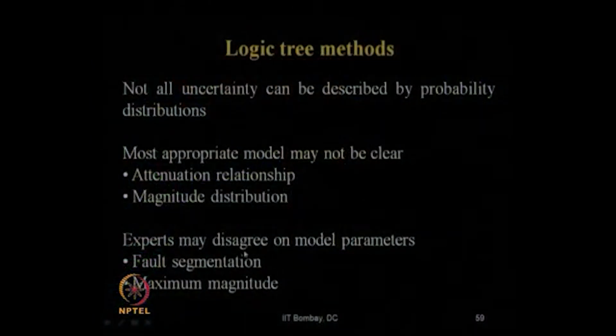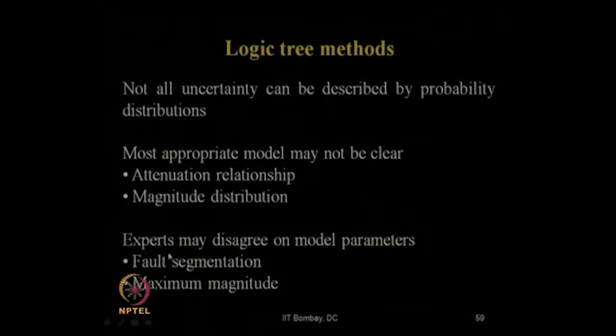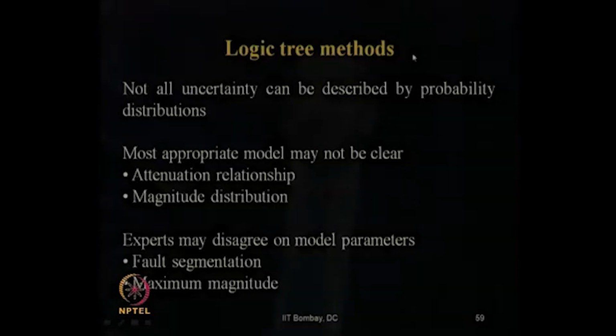Similarly, experts may disagree on the model parameters also, like fault segmentation and the maximum magnitude. There will always be different schools of opinion. One expert will say this attenuation relation is good, another expert will say no, this attenuation relation is good, another will say no, my attenuation relationship is good.